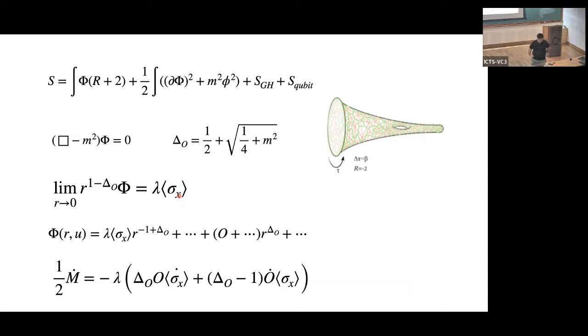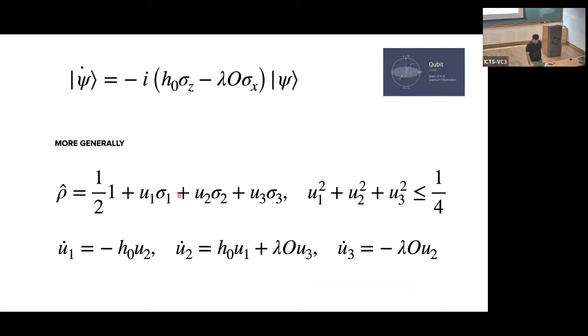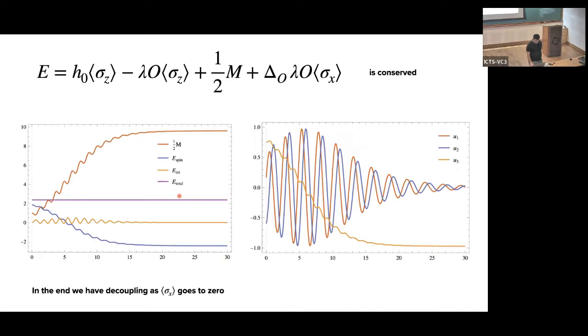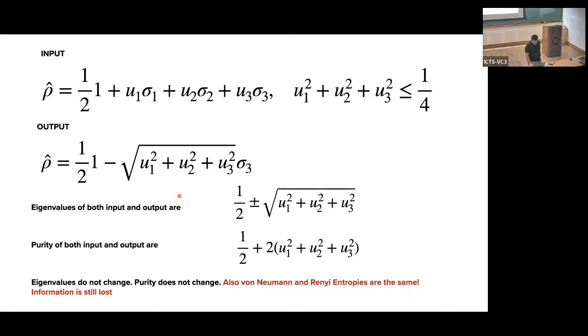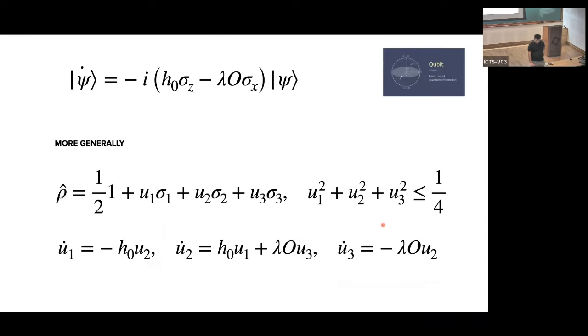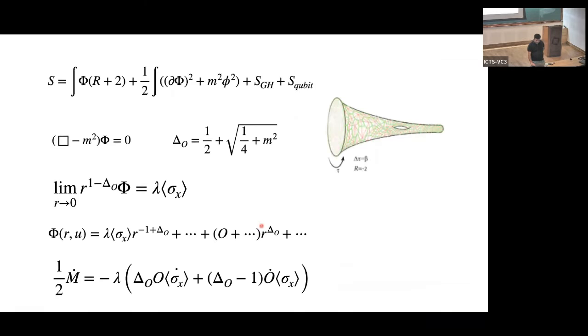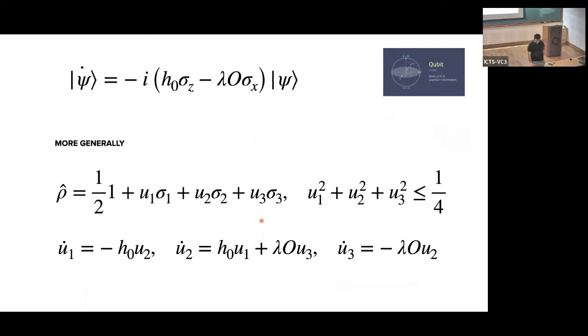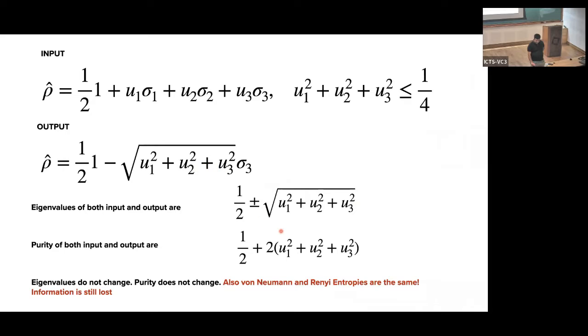This is something that has also been discussed in the literature in the context of superconducting qubits coupled to cavities. But there are some big surprises here, which I want to point out. Although it looks like nothing special is happening, the qubit is driven to the ground state where it has minimum energy, subject to the purity being conserved.